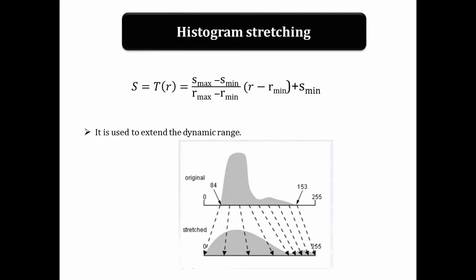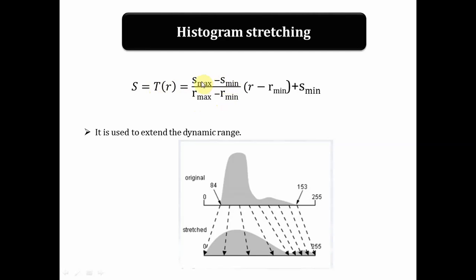Now the first type is histogram stretching. The basic simple formula for histogram stretching is that the modified image S can be represented by a transformation T on the input image R. S is the output image, R is the input image, and T is the transformation. This transformation is S max minus S min divided by R max minus R min.